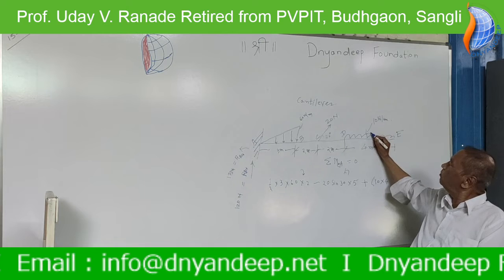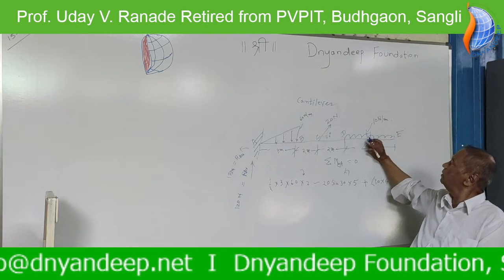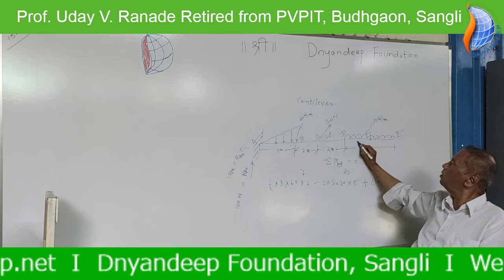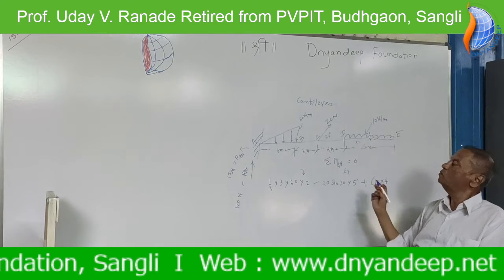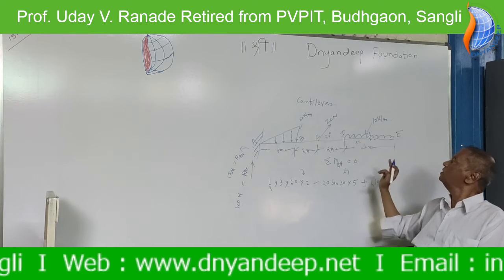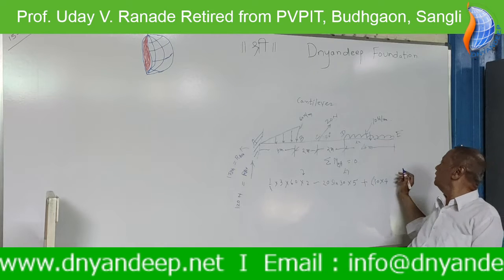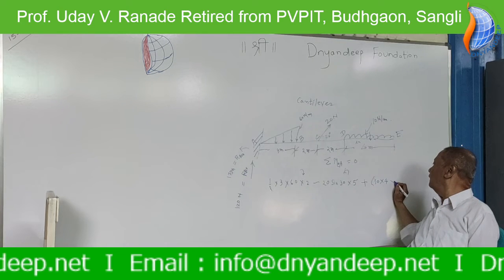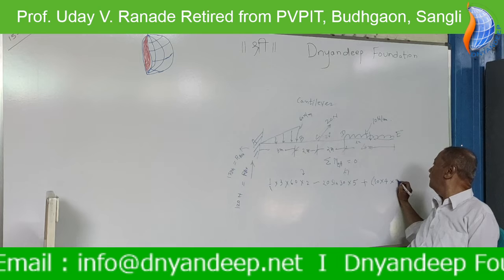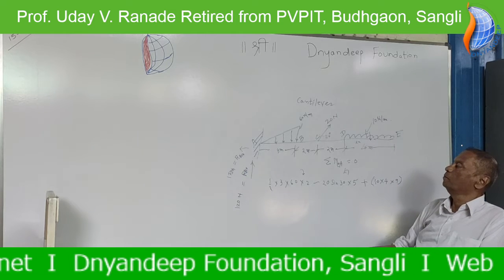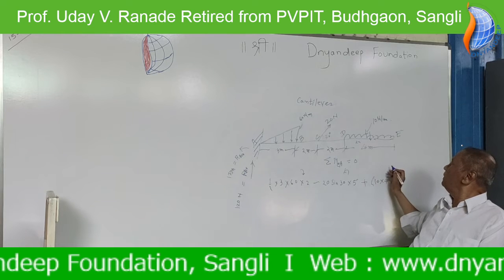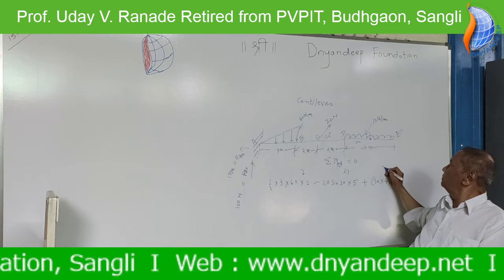Now this particular load will act at center of D, that is 2 meter from D. And what is distance up to that? 3 plus 2 5, 5 plus 2 7, 7 plus 2 9 into 9. Now this moment is again positive.